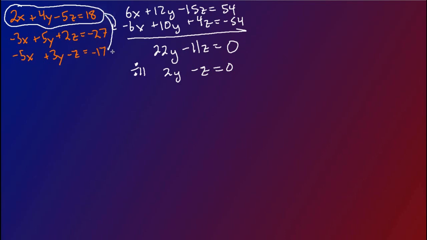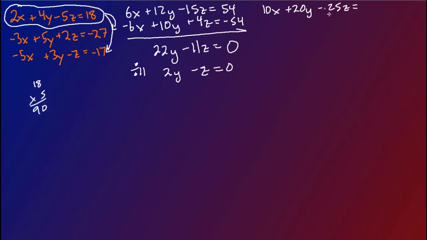So now I pair off with the other equation. So I had this one, I'll pair it with this one. So I see the least common multiple for 2 and 5 is 10. So I'll multiply the first equation by 5. That gives me 10x plus 20y minus 25z equals 18 times 5 is what we're doing.